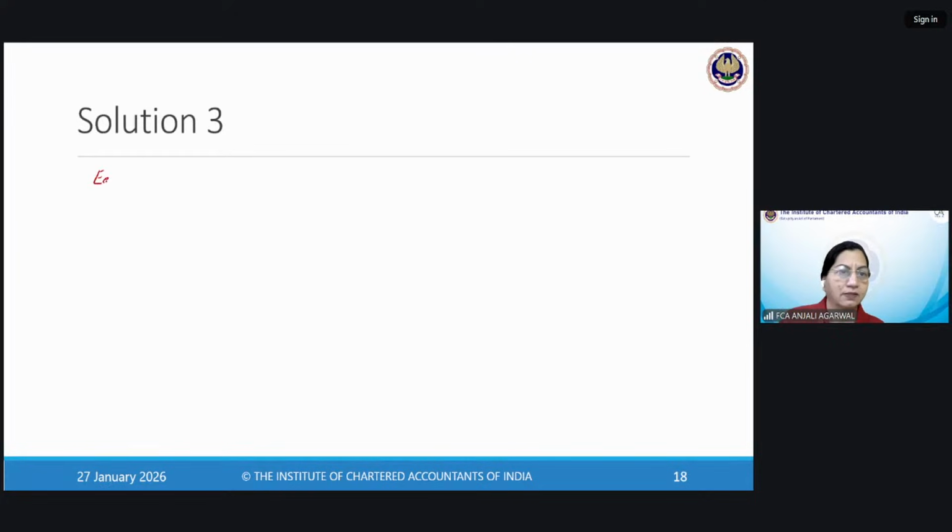So earnings, statement showing the earnings of worker A and B. So we'll prepare a columnar form table where we'll write the particulars of the wages. So you have basic wages, you have dearness allowance.